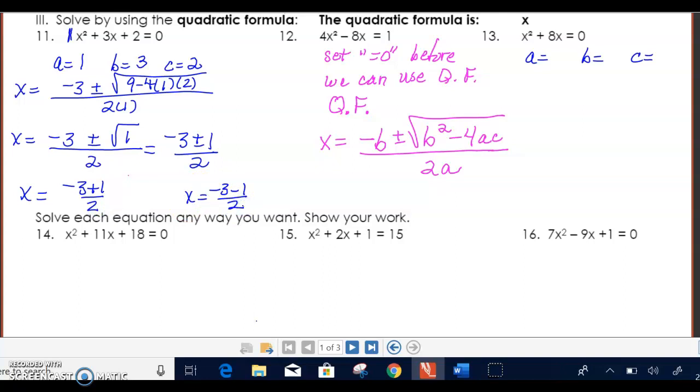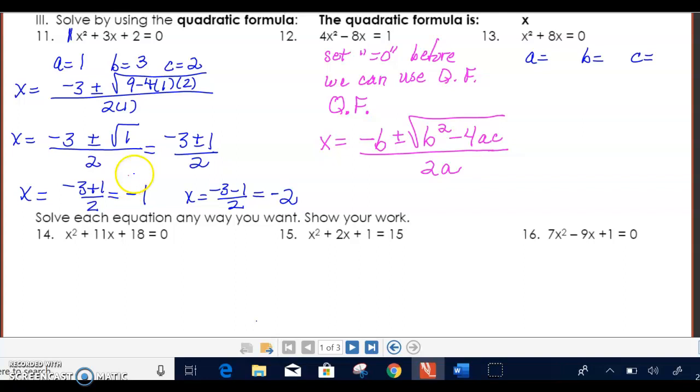I'm finding my two answers. Plus or minus gives me two answers. I broke this into two parts. Negative 3 plus 1 over 2, negative 3 minus 1 over 2, and that will give me my two answers. This is going to end up being negative 2 over 2, which is negative 1. This is negative 4 over 2, which is negative 2.